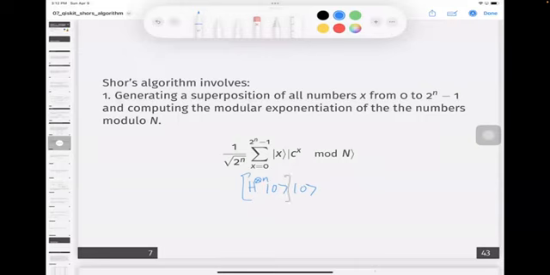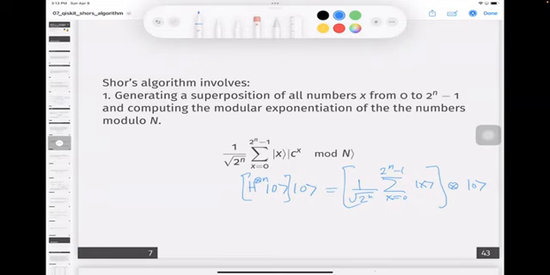This will give us 1 over the square root of 2 to the n, summation of x equal to 0 to 2 to the n minus 1, of x here. And this is the tensor product of the output register.